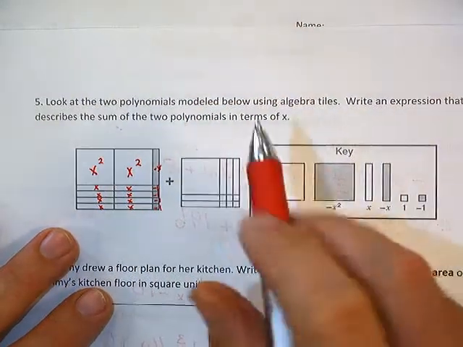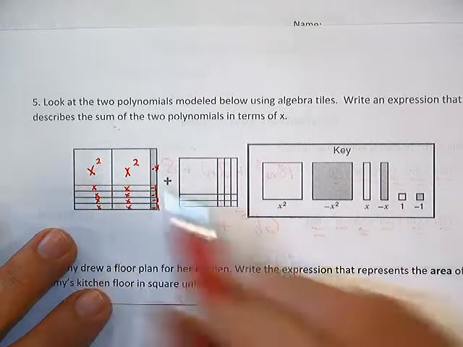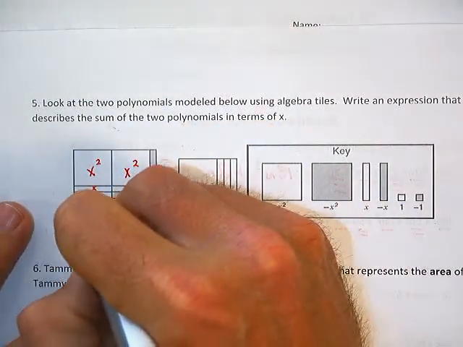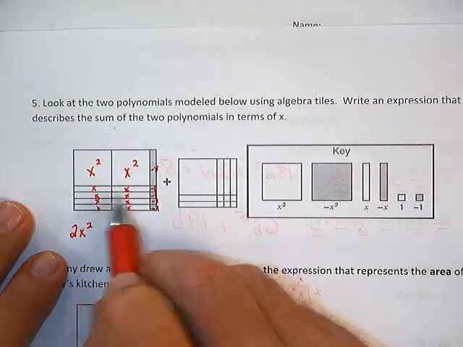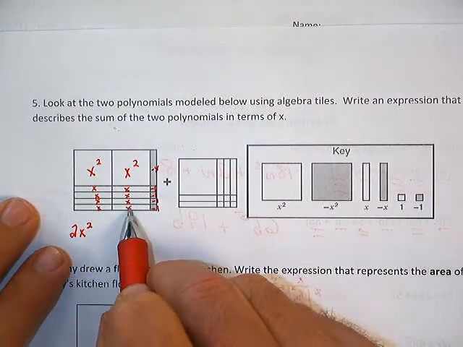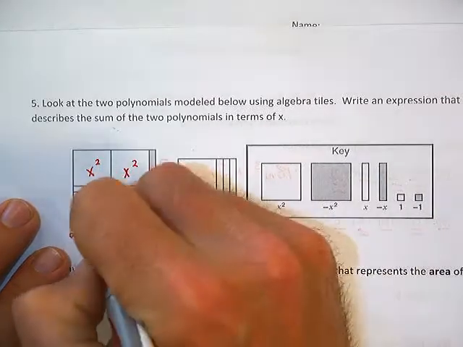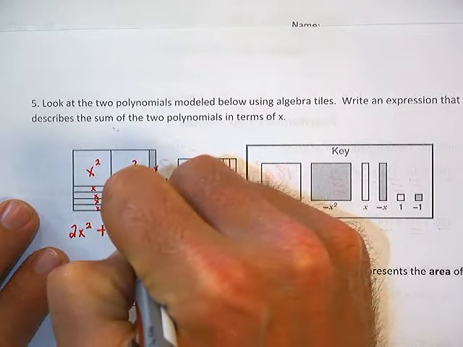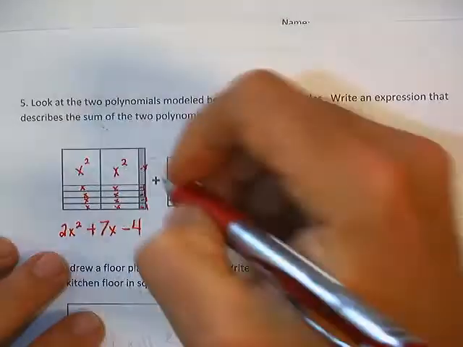Now if you want to, you can go ahead and combine this right now. We have 2x squared, and 1, 2, 3, 4, 5, 6, 7, 8, so we have 7x minus 4.